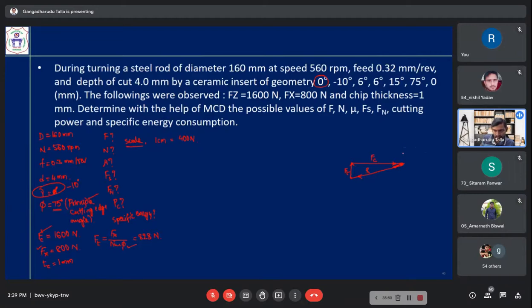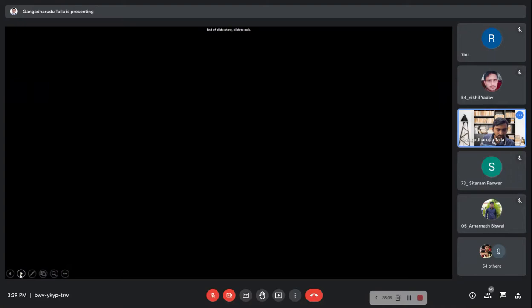So gamma is minus 10 degree. If you draw a vertical line here, if it is positive 10, we draw it in this direction; if it is negative, in this direction.